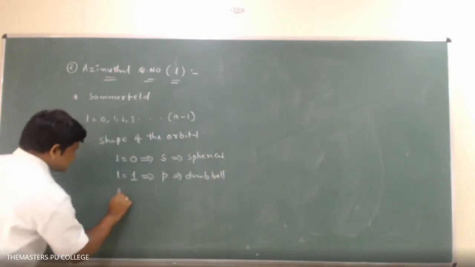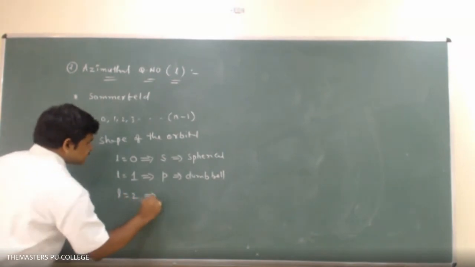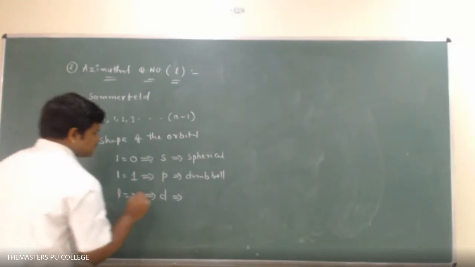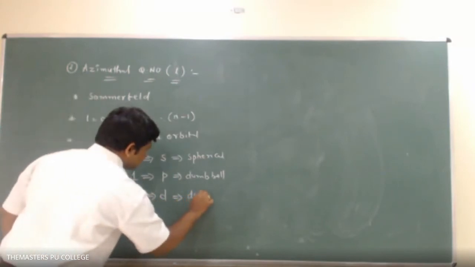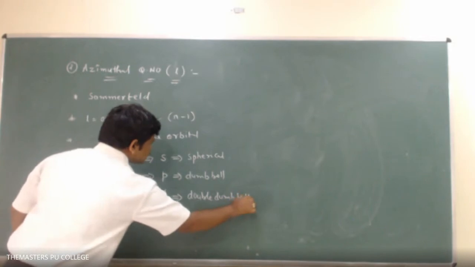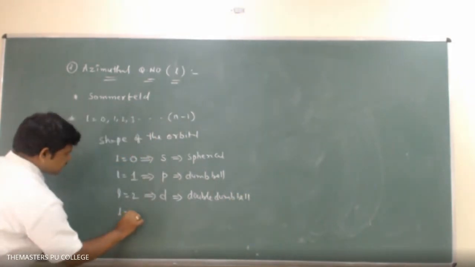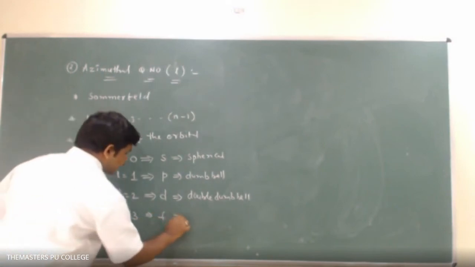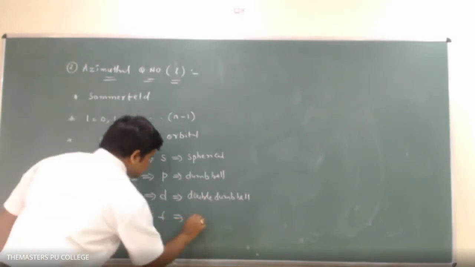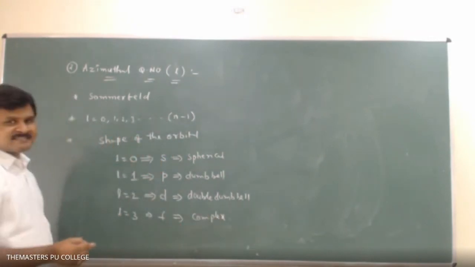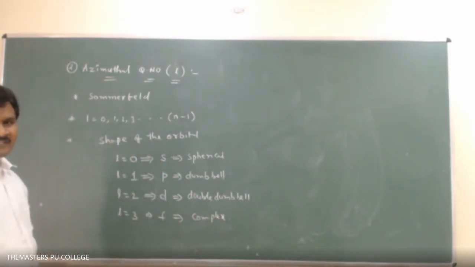Next, L is equal to 2: d orbital is possible. Its shape is double dumbbell. L is equal to 3 means f orbital, complex structure. Complex means difficult or fourfold structure.